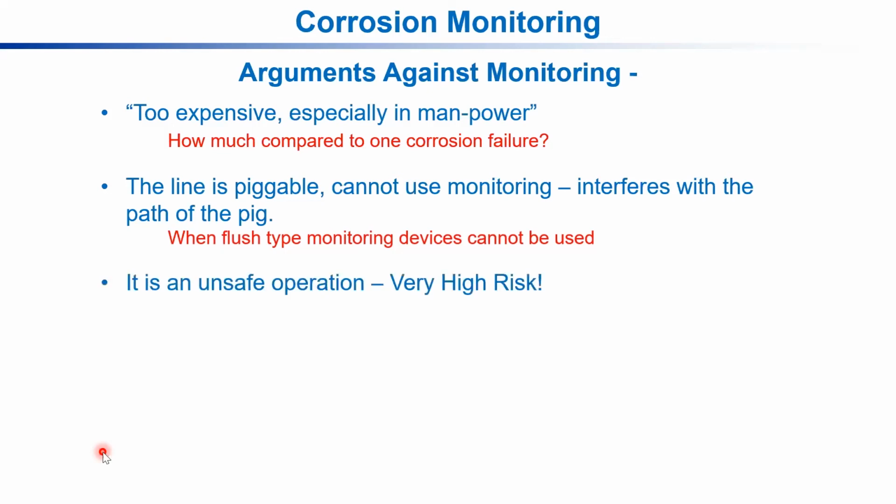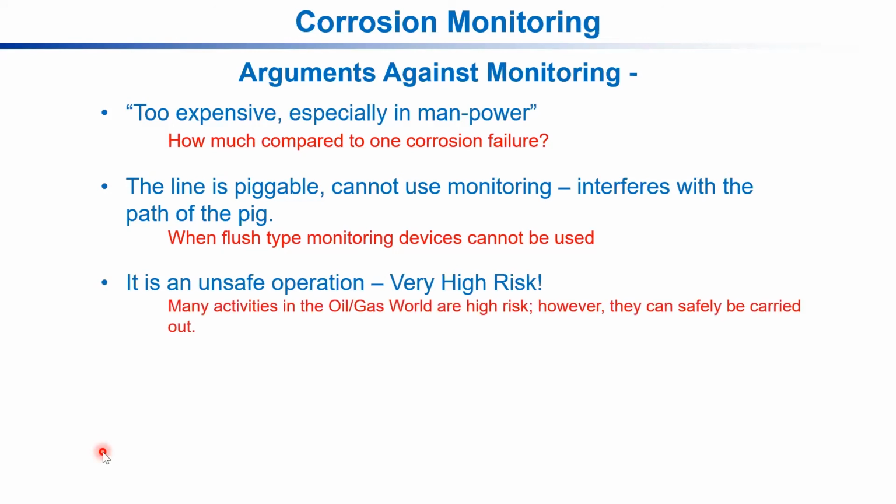The other one: it is an unsafe operation. It's very high risk. Yes, it is. I'm not going to deny that. But there are many other activities in the oil and gas world that are very high risk, even higher risk than pulling out a coupon from a high pressure system. As long as you can carry them out safely, they can be done safely.